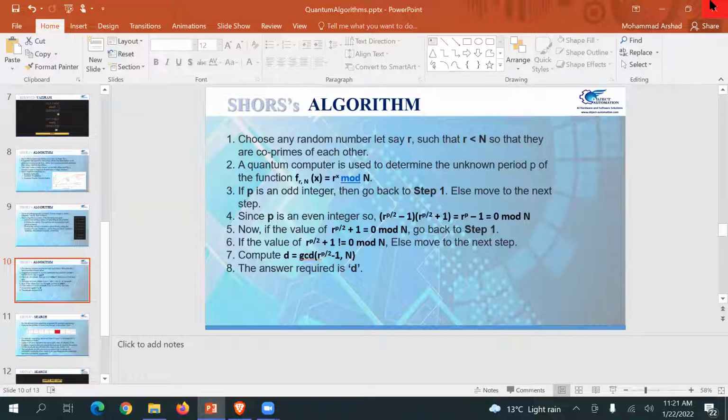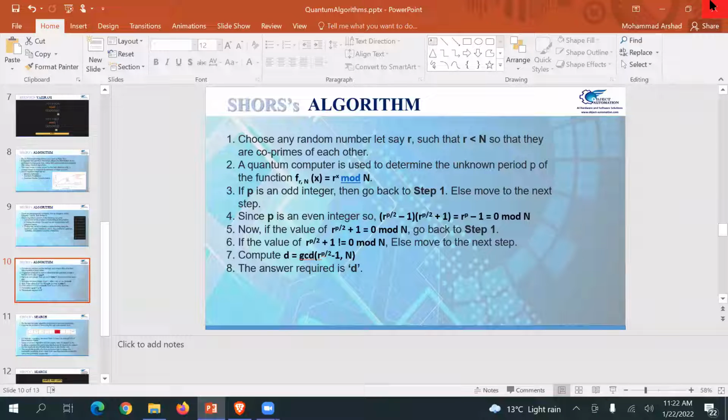For any number, we need to find a prime factor. We have to identify a P such that r to the power of P divided by 2 minus 1, multiplied by r to the power of P divided by 2 plus 1, becomes N. These two numbers become the prime factors, and we have to identify the P for that, correct? If r to the power of P divided by 2 plus 1 is 0, then go back to step 1.